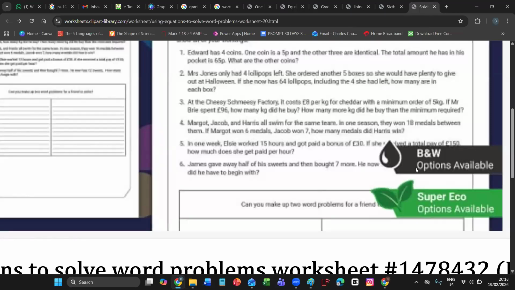Yes, sir. So as it is now, all I need to do is to say 5x, because I don't know how many are in each box. 5x equals 60. Do you get that? Yes, sir.